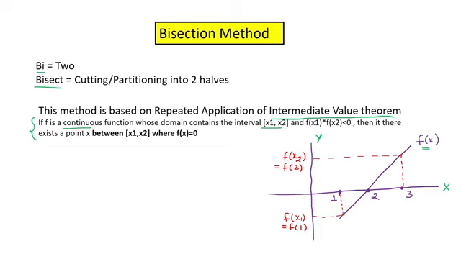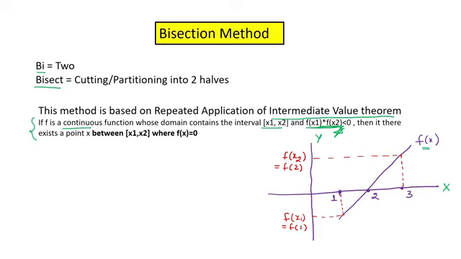But there is one condition: you have to take those x1 and x2 which satisfy this condition, and this condition is very important. You will see this condition in the working of the bisection method again and again. This condition says that if I multiply the values of f(x1) and f(x2), I should get a value less than 0, that means a negative value.